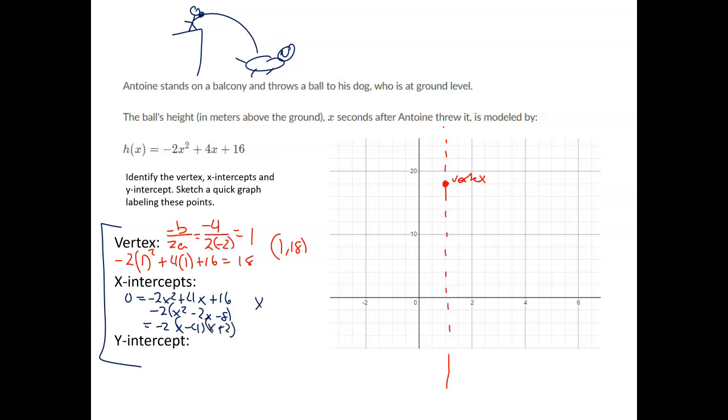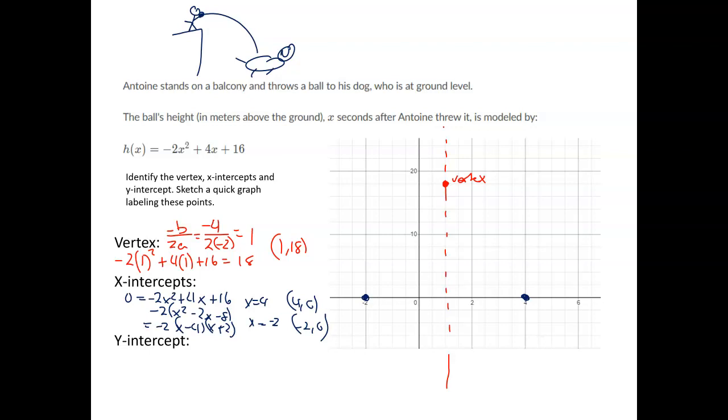So x-intercepts are going to be (4, 0) and (negative 2, 0). So here and here. I just factored it. It's pretty easy to factor.